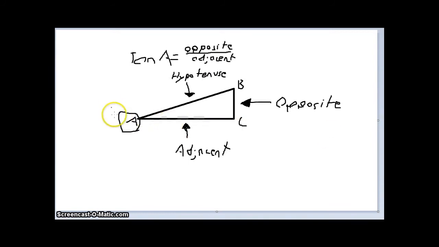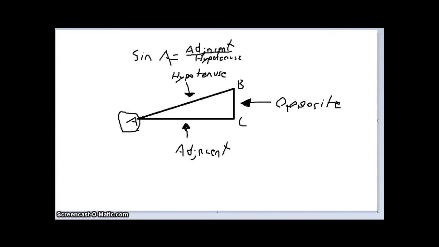If you take angle A, and you take the opposite side of that angle, which for angle A would be side BC, and put the measure of that over the measure of the adjacent side, or side AC, you'll get a ratio known as the tangent. Using this, you can discover the measure of angle A, or if you know the measure of angle A and only one of the sides, you can discover the length of the other side.